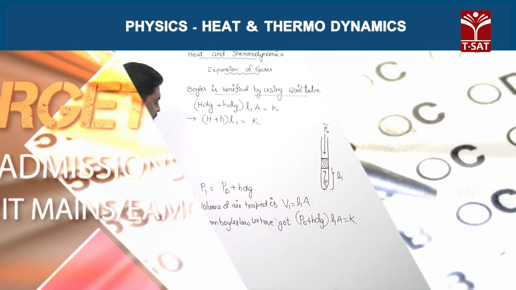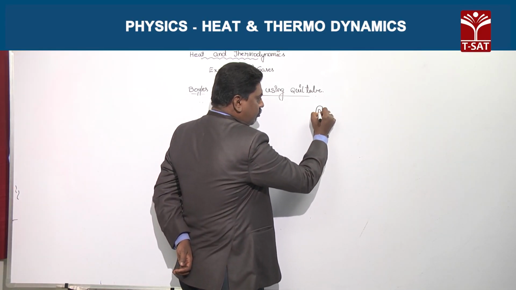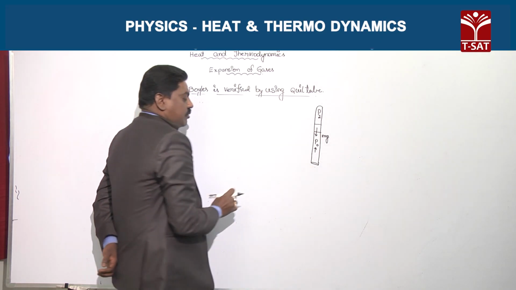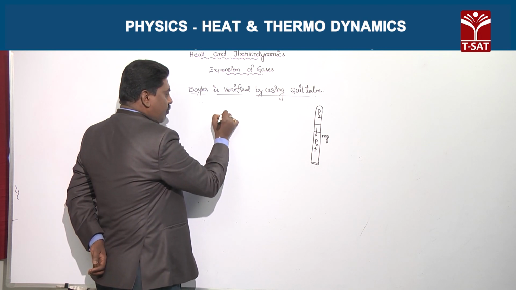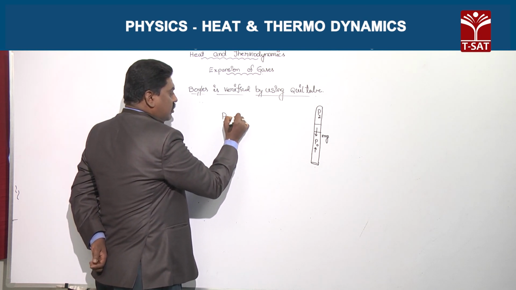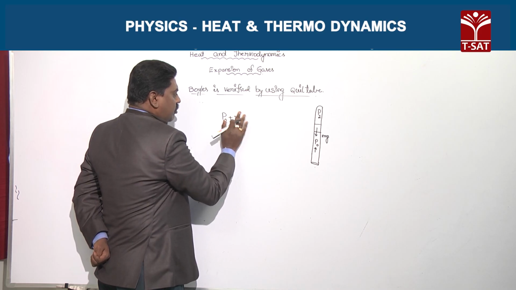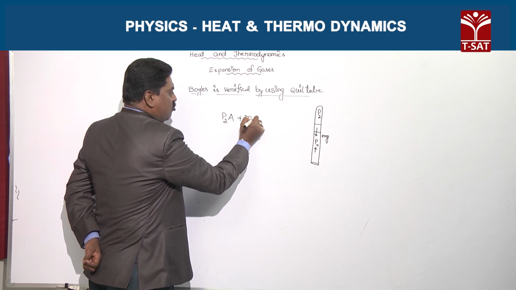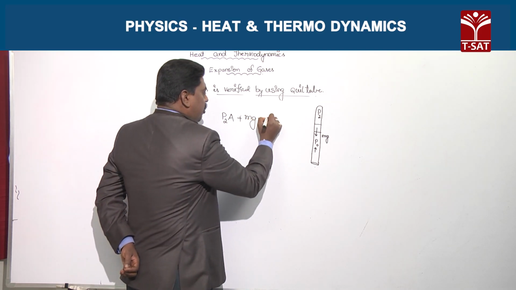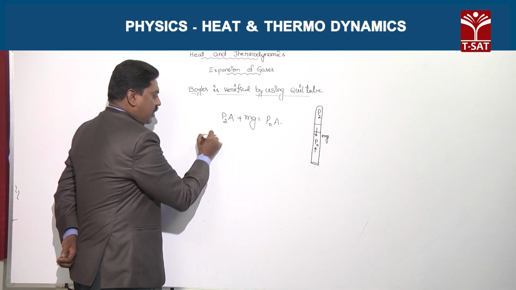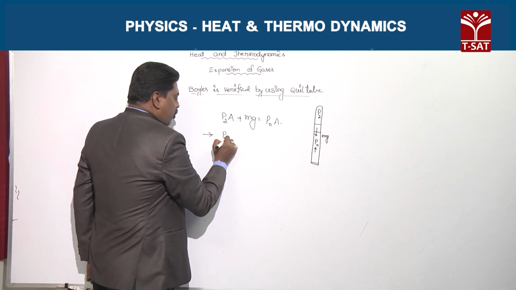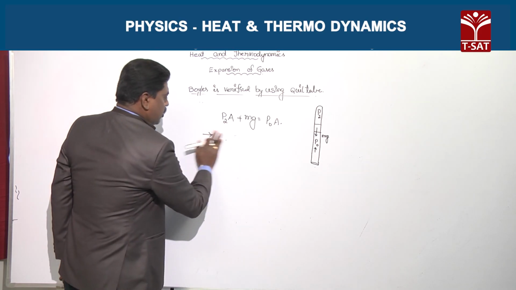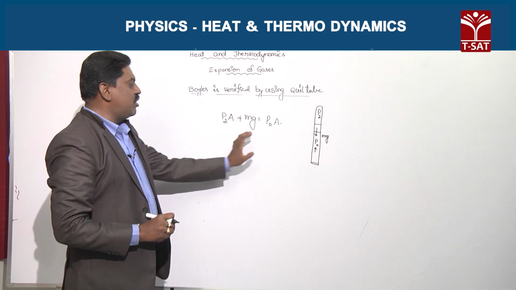Now let us say the pressure P2 is acting in that area, so that P2 into area plus mg is equal to P0 into area. Once more, P2A plus mg is equal to P0A.